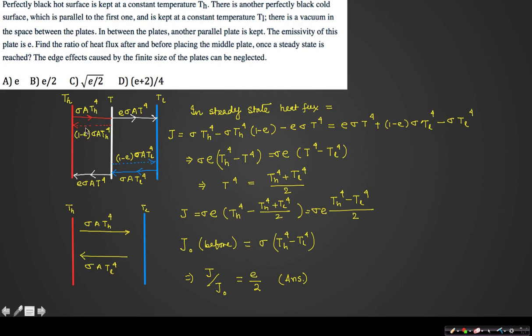So how much will be reflected back? E times of this power will be absorbed, and 1 minus E times will be reflected. Similar is the situation going on here.